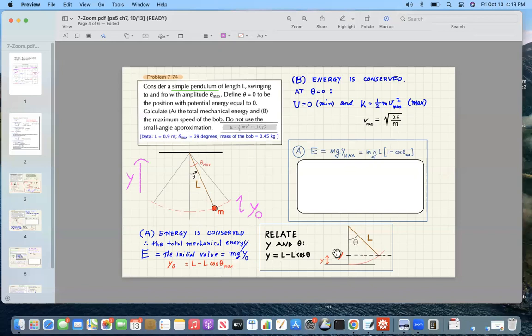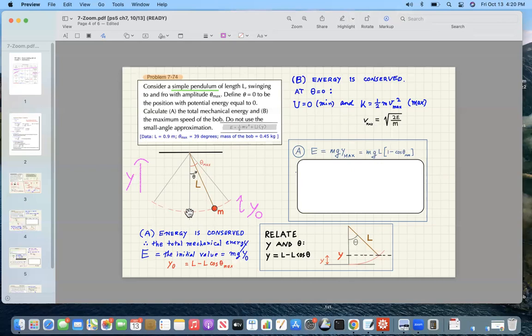Now, you also may want to use this relation for any value of theta to relate theta to y, because y determines the potential energy. In particular, if you want to look at the bottom of the swing, that's where the speed will be the maximum. The kinetic energy will be 1/2 m v max squared. The potential energy will be 0 because you're at the bottom of its motion.